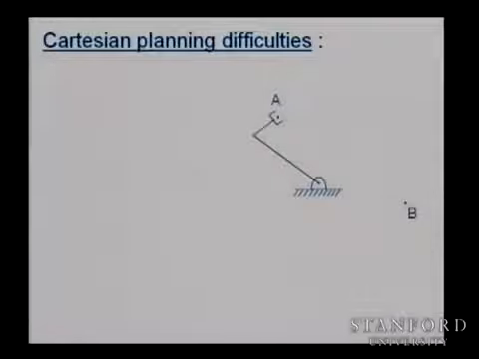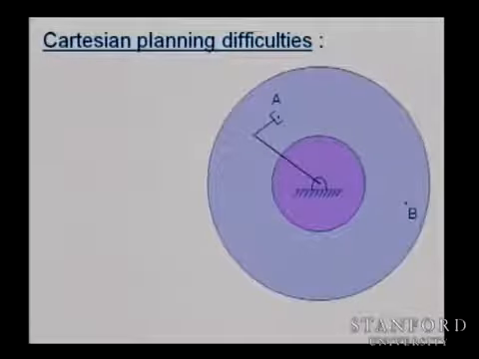So let's look at the planning difficulties. We have a robot, a starting point A, and a target point B. It's a relatively simple two-link robot. This is the reachable space of the manipulator. When you stretch both links, you're traversing the outside circle.